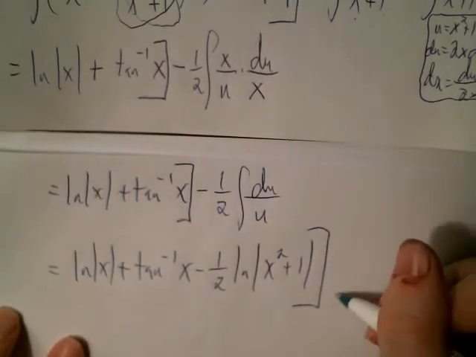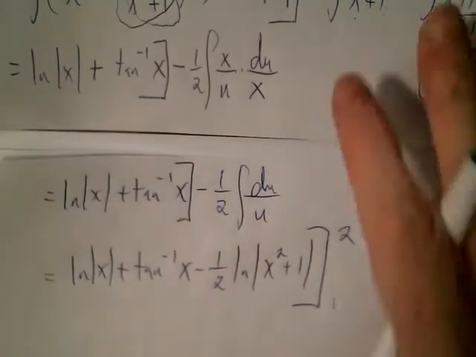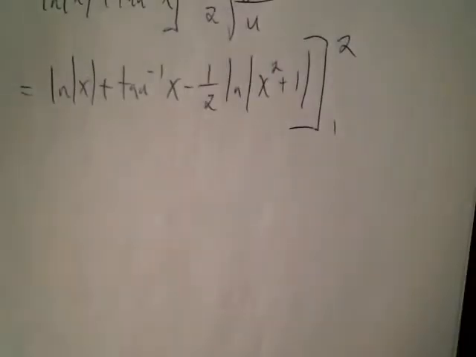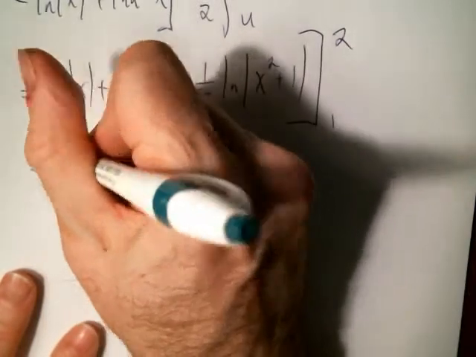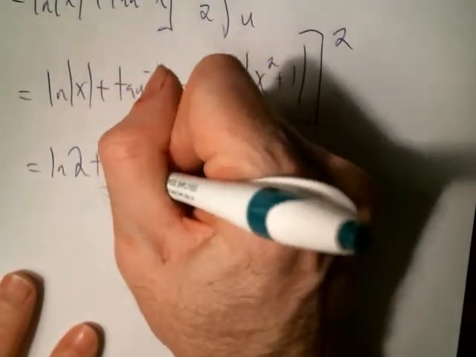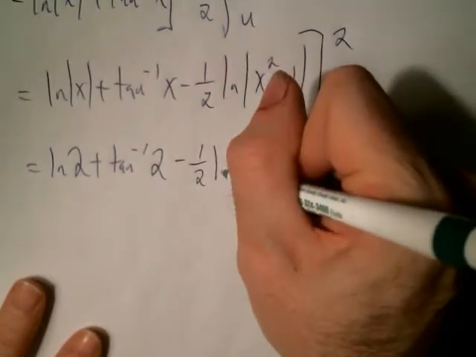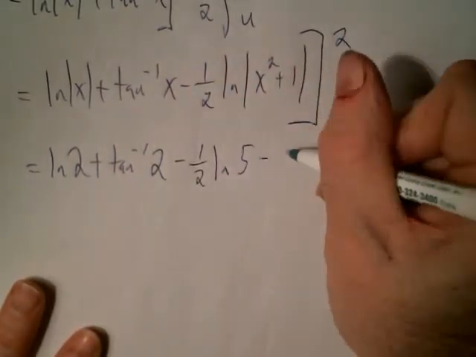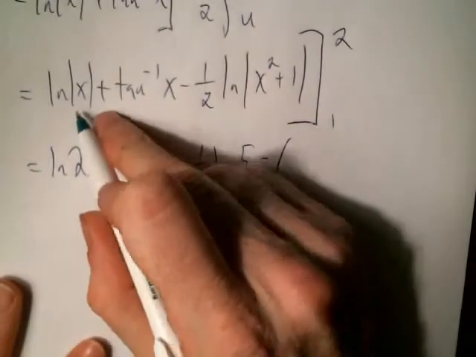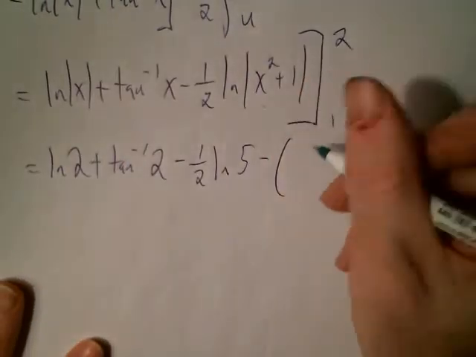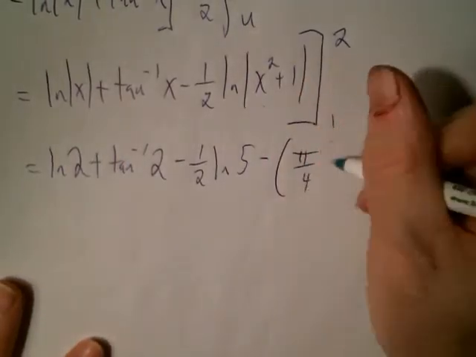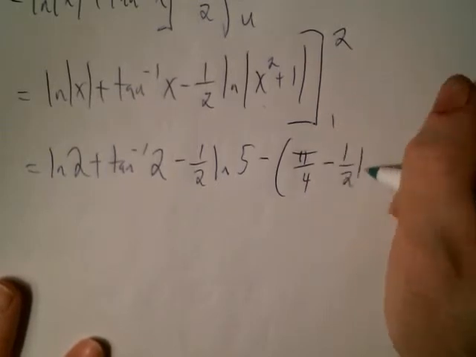And then we evaluate from 1 to 2. So moving on, this is equal to ln of 2 plus tan inverse of 2, I'll need a calculator, minus 1/2 ln of 5 minus ln of 1 is 0, tan inverse of 1 is pi over 4, and then minus 1/2 ln of 2.